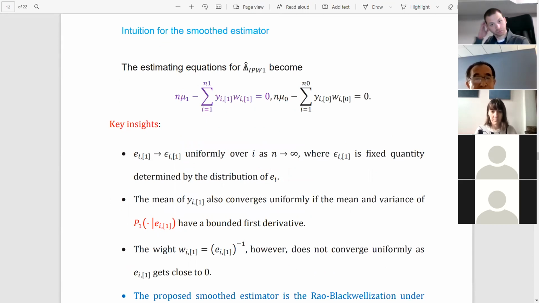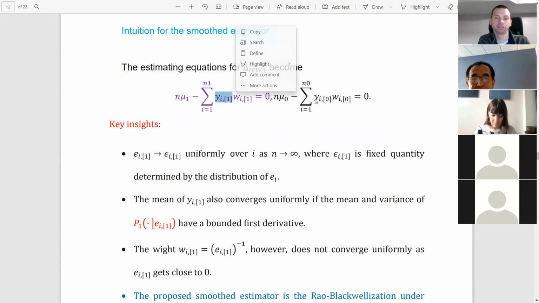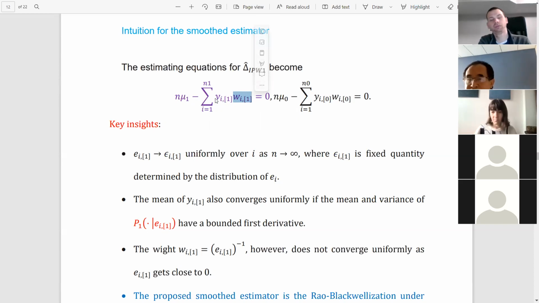So now we have the formulation of this IPW1. In this IPW1, we have the weight part and we have the outcome part. The basic idea is that these weights are unstable, while the Y's are stable.